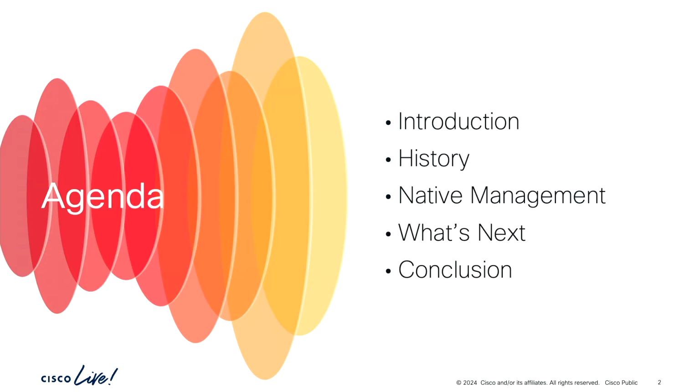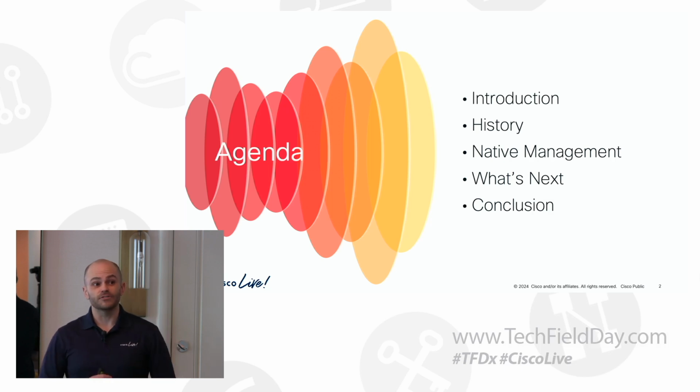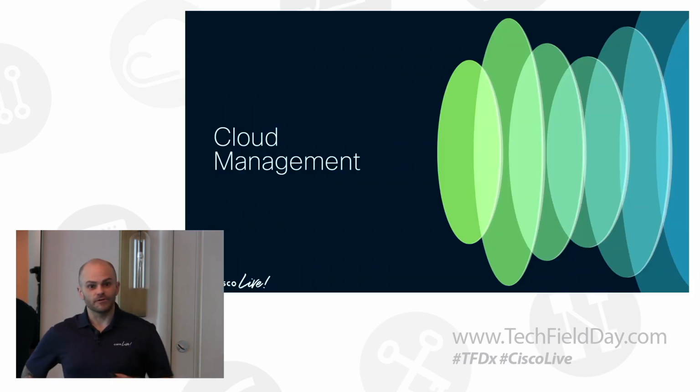So I'm going to go through a little bit of history, talk about that native management, hand it over to Mike, who's going to talk about all the work we've been doing in the cloud, especially around how we are building tool sets to really interact with switches in a very native fashion. Then I'm going to hand it over to Mr. Orr, who's going to talk about what we're going to be building over the next, probably 8 to 12 months.